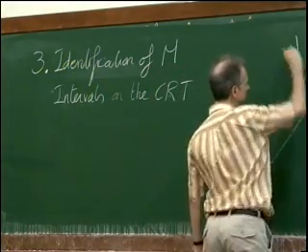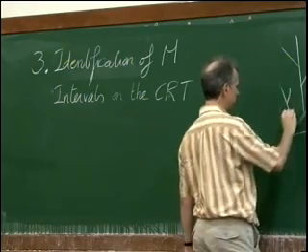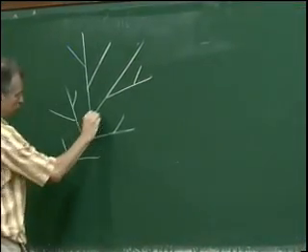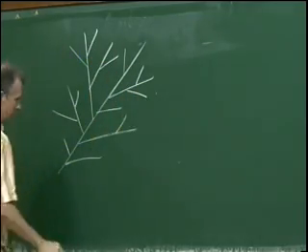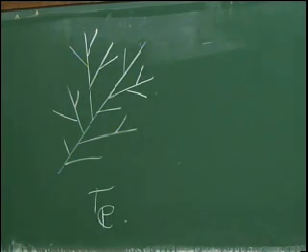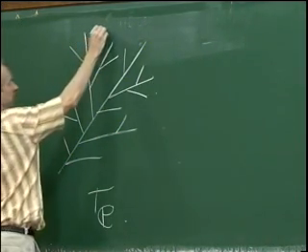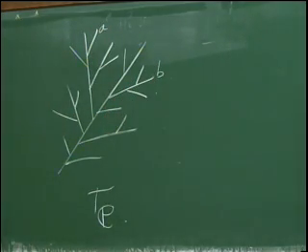You should really think of it as an object of this form, a connected union of segments, which is a tree. And so suppose I pick two points A and B, and for simplicity, I will suppose that A and B are leaves.